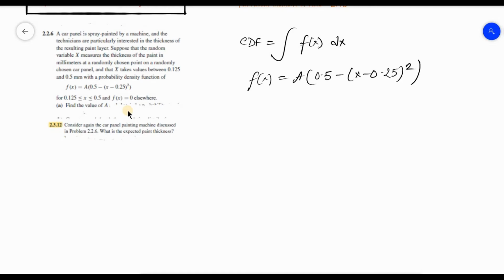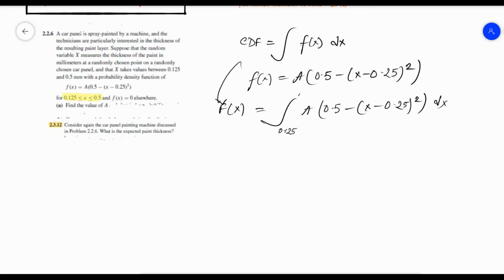In order to find the CDF, which is capital F of x, what we do is integration of a times 0.5 minus x minus 0.25 squared dx, and we have the limit extending from 0.125 to 0.5. Let me mark it for you. This one is the limit given. So the limit is 0.125 to 0.5.